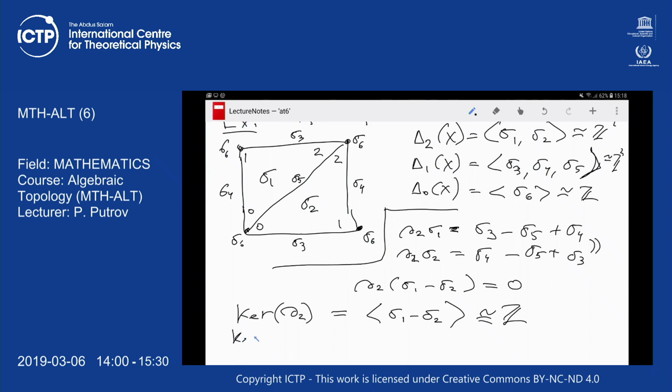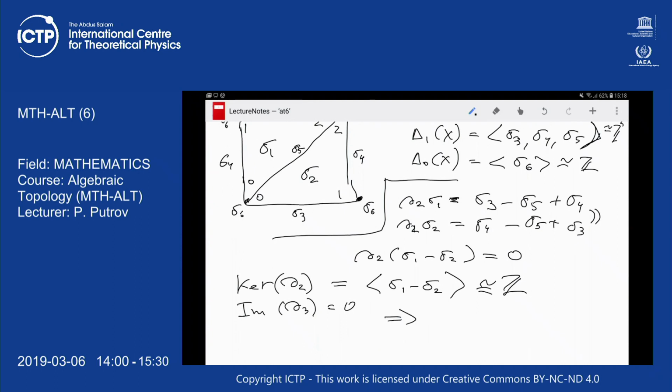Of course, the image of delta 3 is trivial because there are no three-dimensional simplices. So it follows that H2 of T2, which is the kernel of delta 2 divided by the image of delta 3, is isomorphic to Z.